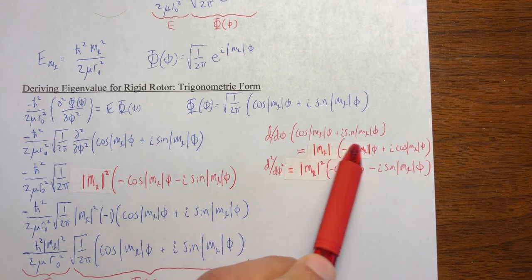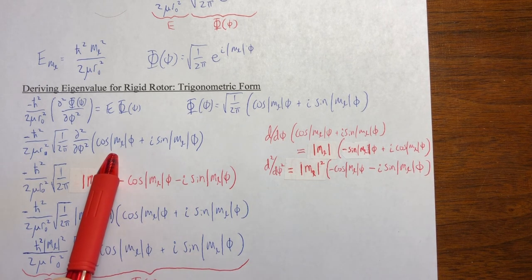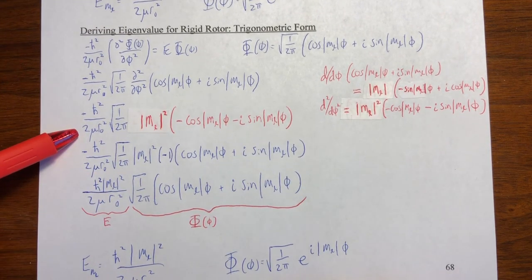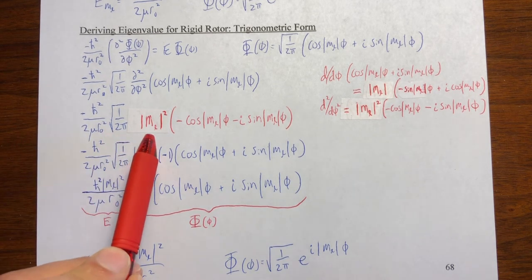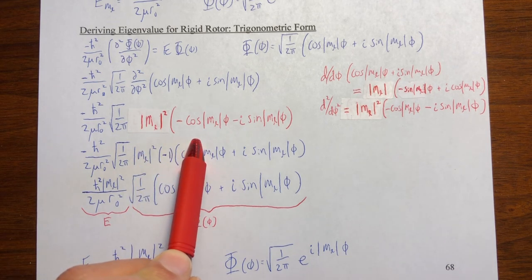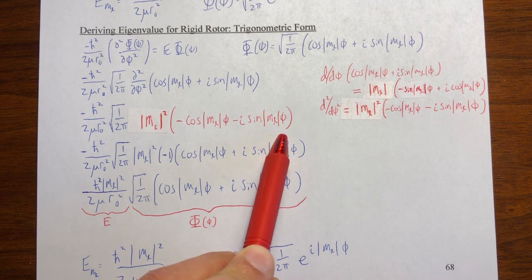And we can now plug in our value for the second derivative into our equation, and what we're left with is the simplified version where we have negative h bar squared over 2 mu r naught squared times the square root of 1 over 2 pi times m sub l squared times the quantity negative cosine m sub l phi minus i sine m sub l phi.